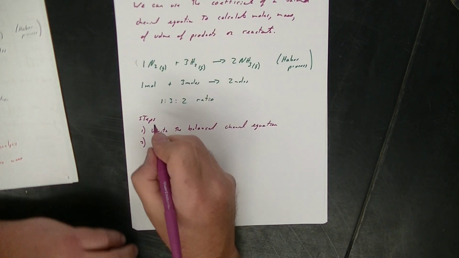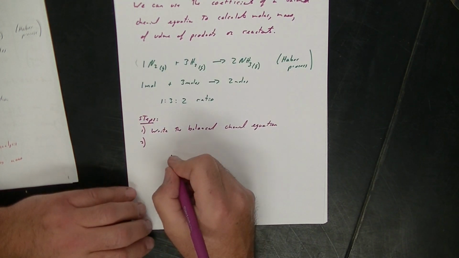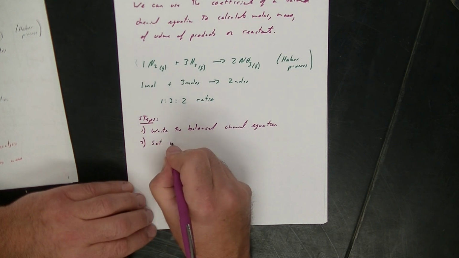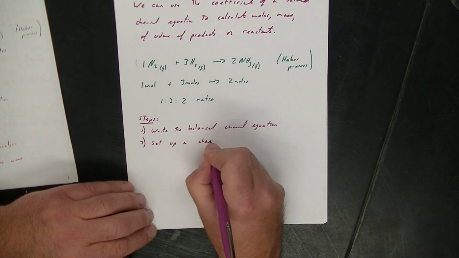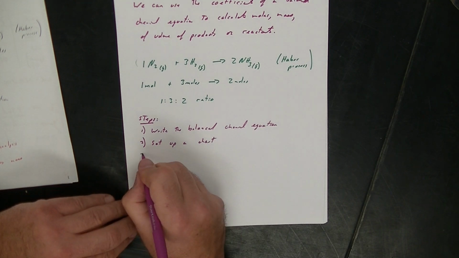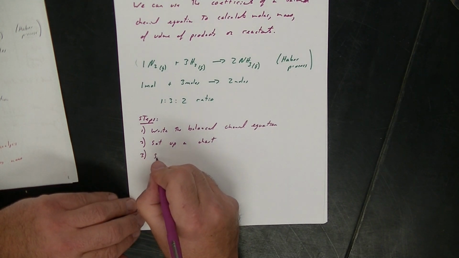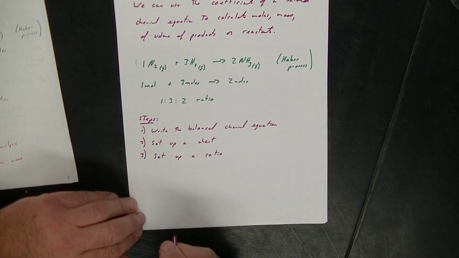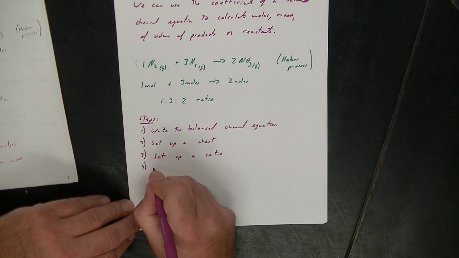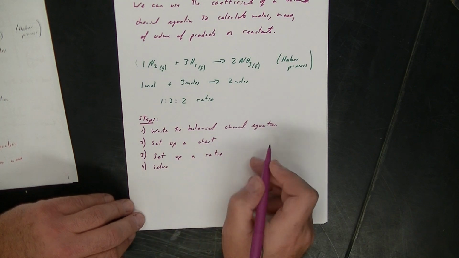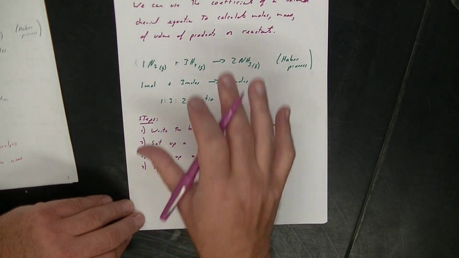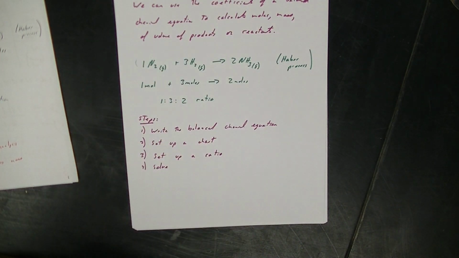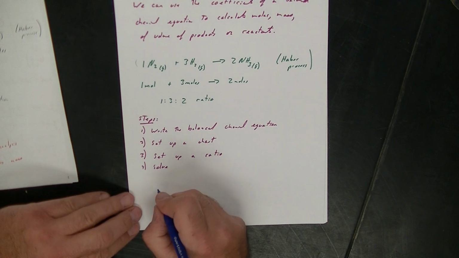And then if you do it this way, you're going to set up a chart, and set up a ratio, and then you're going to solve. I'm going to take you through that. This is one way to solve stoichiometry problems. There is a second way. We can use dimensional analysis.